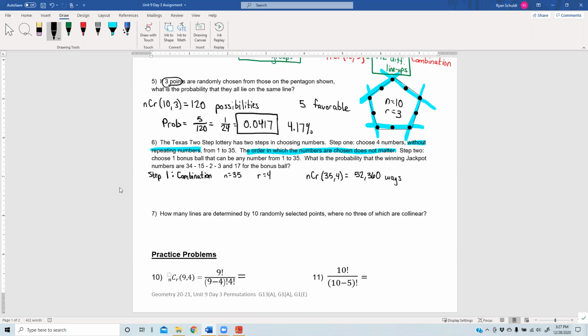Okay, now let's read on to step 2. So step 2, you choose 1 bonus ball that can be any number from 1 to 35. So for step 2, we just pick 1 ball that can be 1 to 35. So how many options are there? There's 35 ways that could happen.